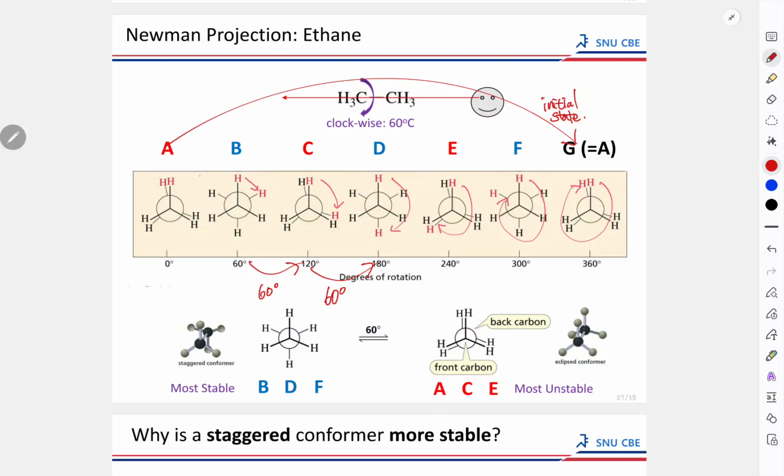We define names for the conformers: the left hand side is the staggered conformer, and the right hand side is the eclipsed conformer. Pretty straightforward, as the name refers to. You can imagine the carbon to hydrogen bonds are eclipsed. In this case there are 3 pairs eclipsed, and in this case there are no eclipsed CH bonds. They are staggered.